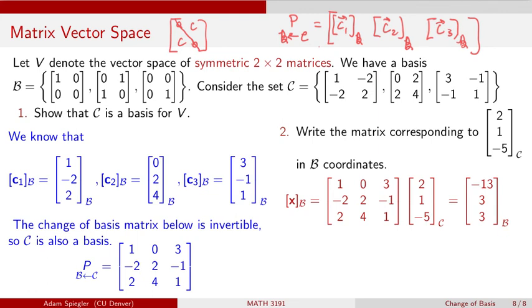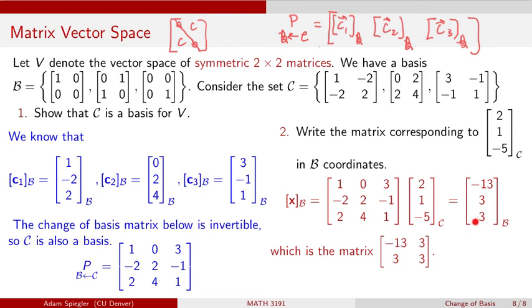And so then we can go ahead and convert this back to what it would look like as a matrix. This first position with respect to basis B is telling us which entry is right here. So that's why we have a minus 13 over here. This second entry is telling us what the off-diagonal entries are. So these are 3.